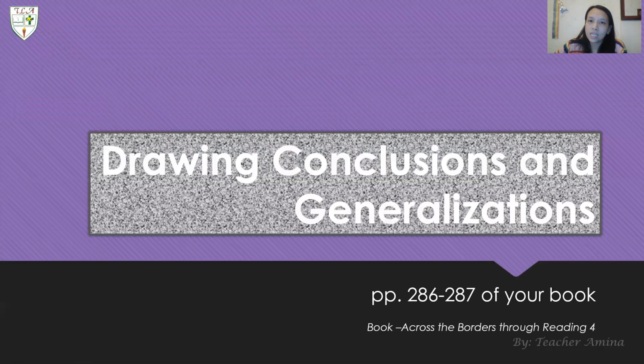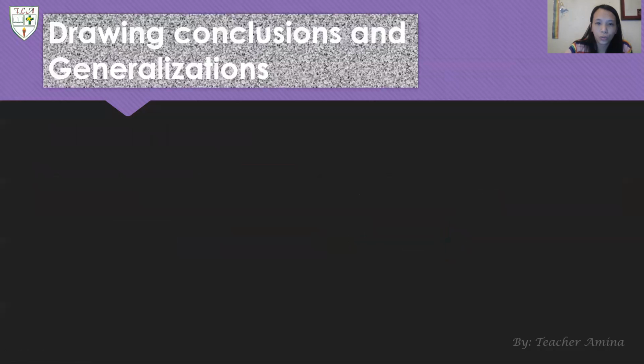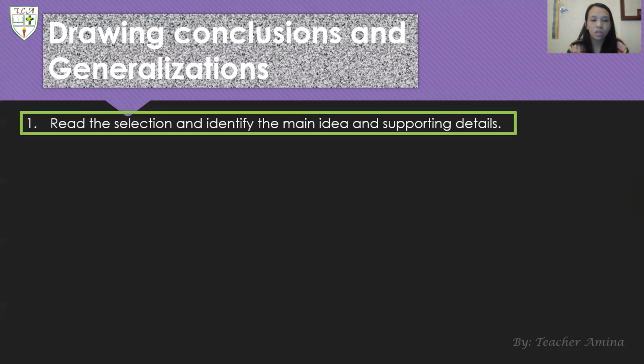Lastly, our last lesson for today is about drawing conclusions and generalizations. Here I will show you steps that you need to follow to be able to draw conclusions. First, you have to read the selection and identify the main idea and supporting details.